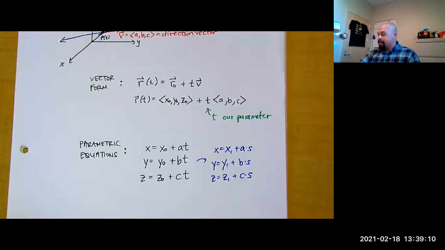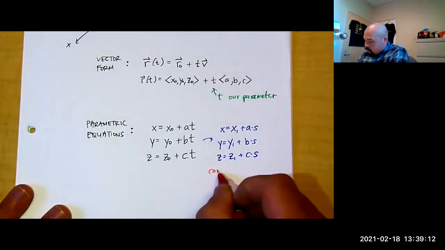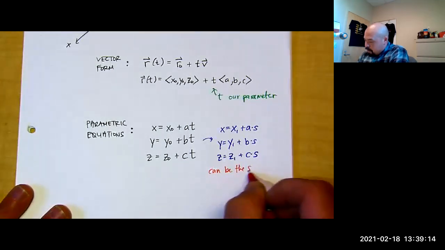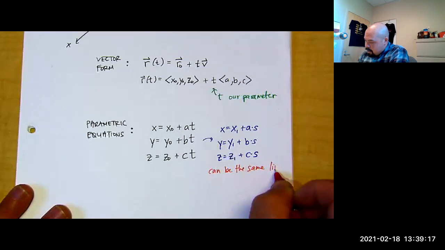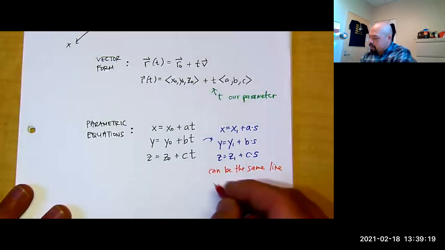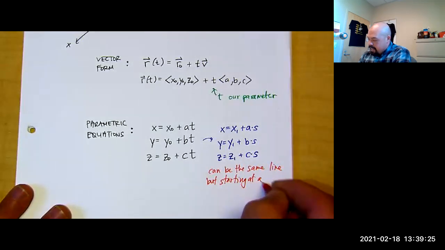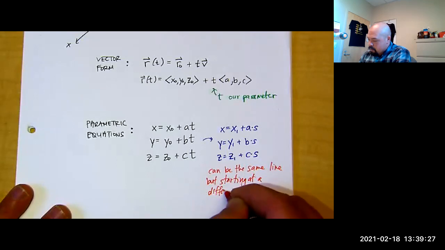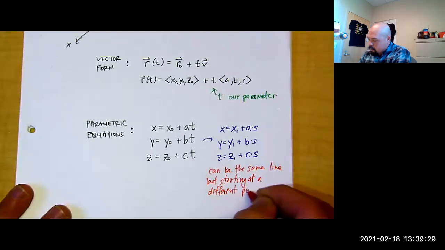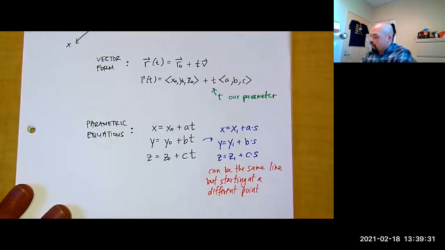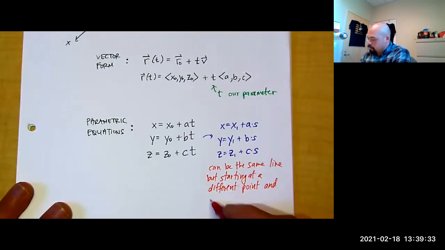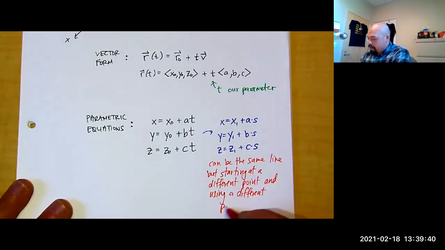So I'll say this can be the same line, mapping out all those same points, but starting at a different point and using a different parameter.